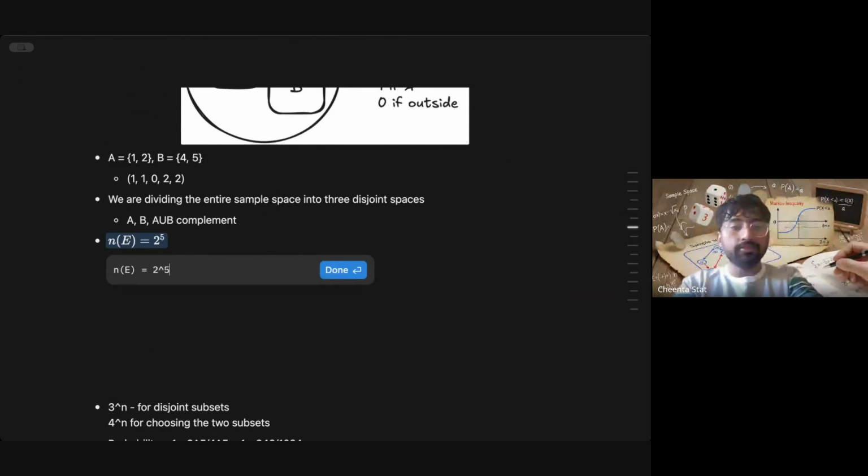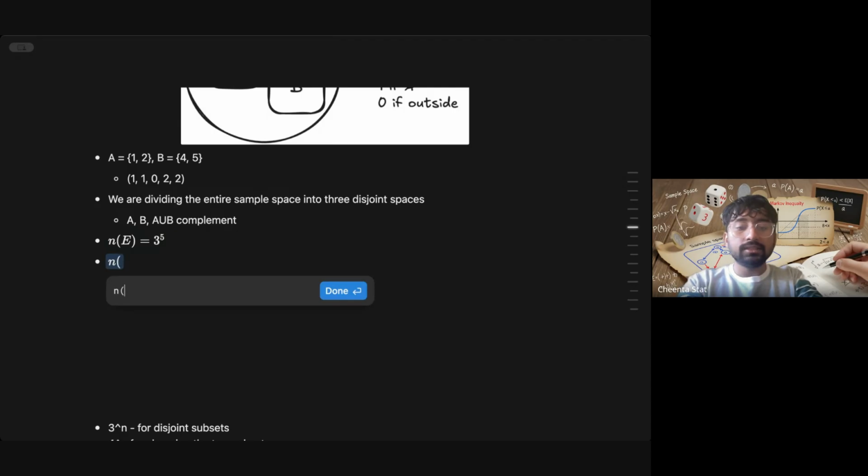power 5. And n of S is therefore 2 to the power 5 for the first subset times 2 to the power 5 for the second subset, which is 4 to the power 5.